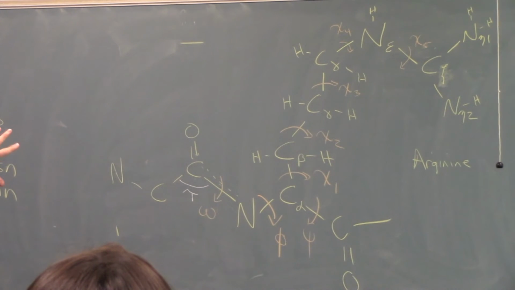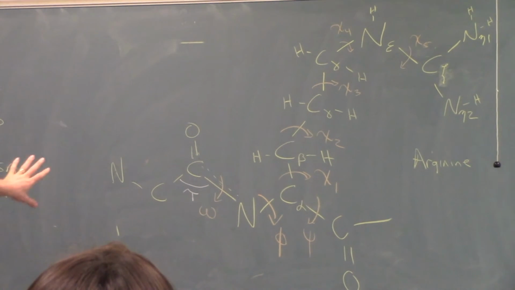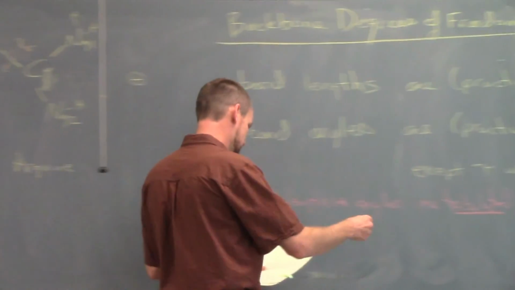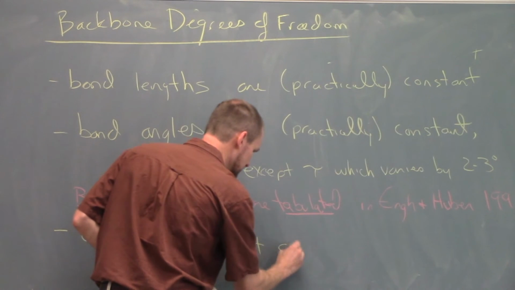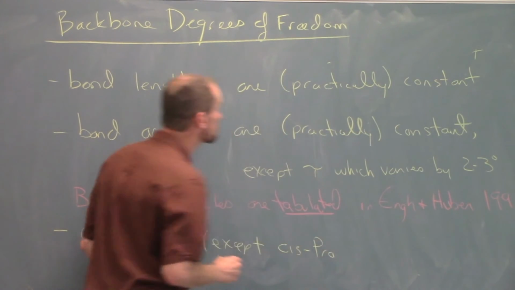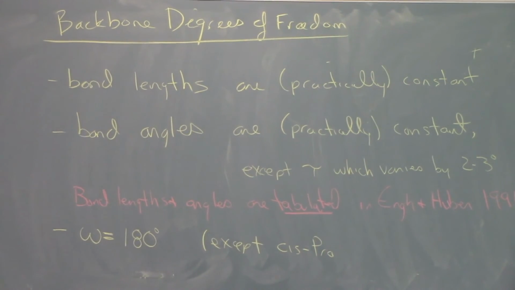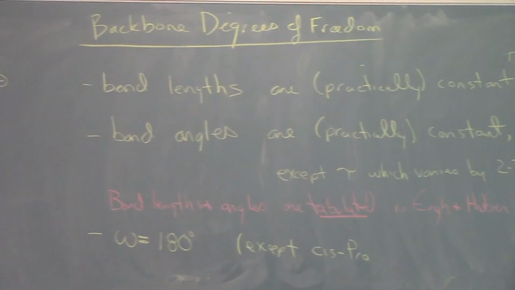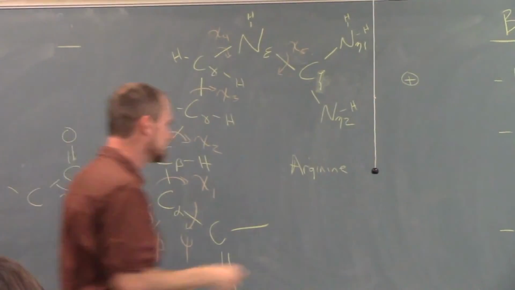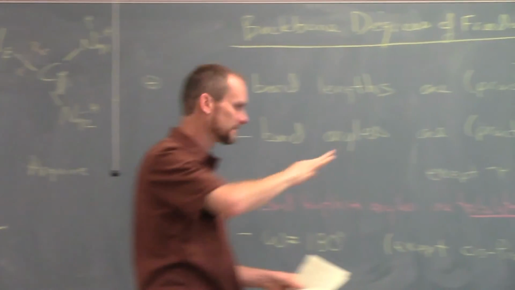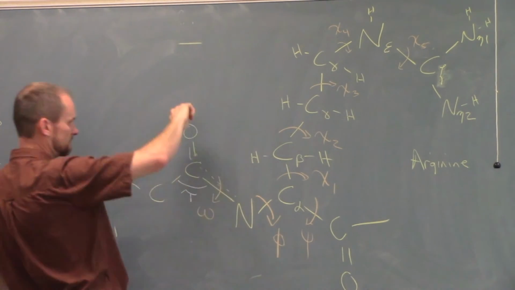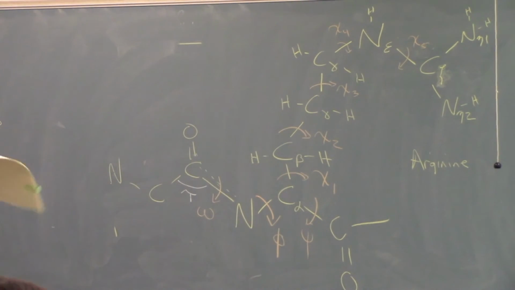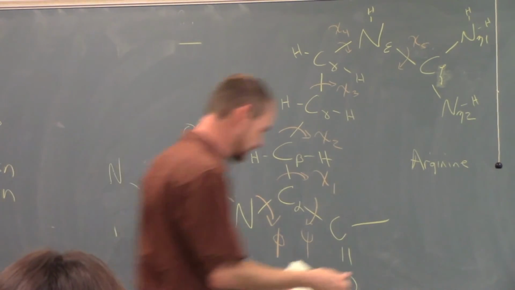There's one exception to that. You know the exception? The exception is cis-proline. Proline circles back on itself and binds to the backbone. Because of that, the interaction can be on the cis side. I kind of drew this cis; it's hard to draw on the board in 3D, but they should be trans, and if they flip over to cis, that's cis-proline.